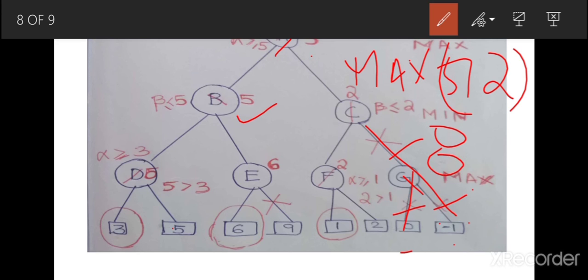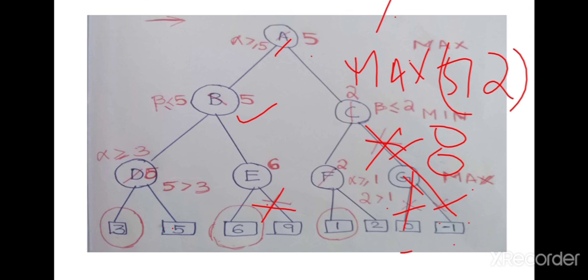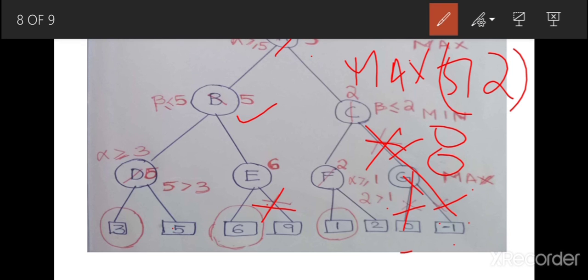Is that clear? So this is alpha beta pruning. We pruned which paths? We have not used this and this, 1, 2, 3, 4.